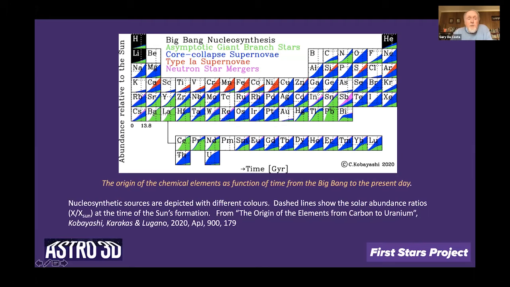The S process elements, or better described as the neutron capture elements, have a major contribution from AGB stars. Other elements come from neutron star mergers, for example. So this is an important description of how the chemical elements of the galaxy build up as a function of time.